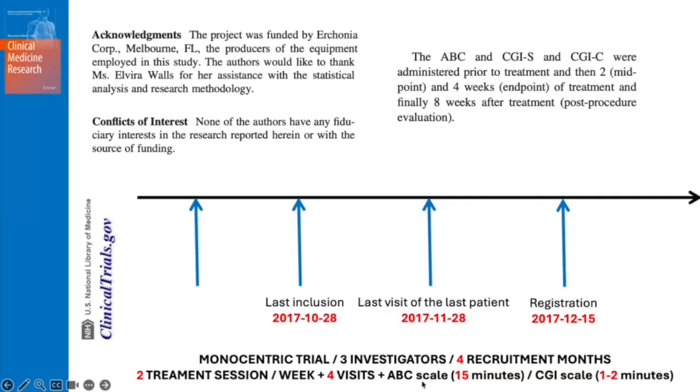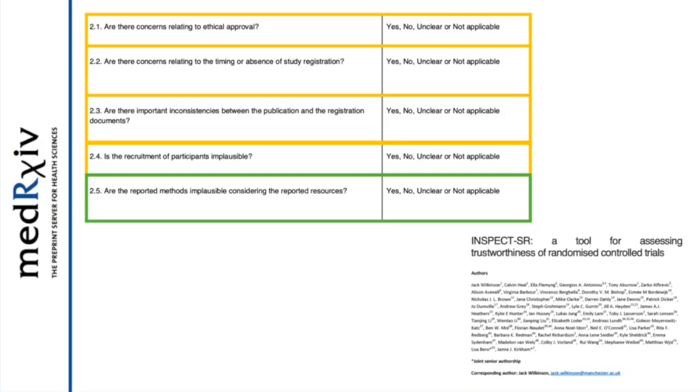For the ABC, it's not very clear in the paper because sometimes you can give it to the parents of the children with autism, or you can also have an external assessor, meaning that it takes more time if the assessor is external. So this is pretty unclear. But still, it takes time to see participants 4 times, plus 2 treatment sessions per week for the treatment.